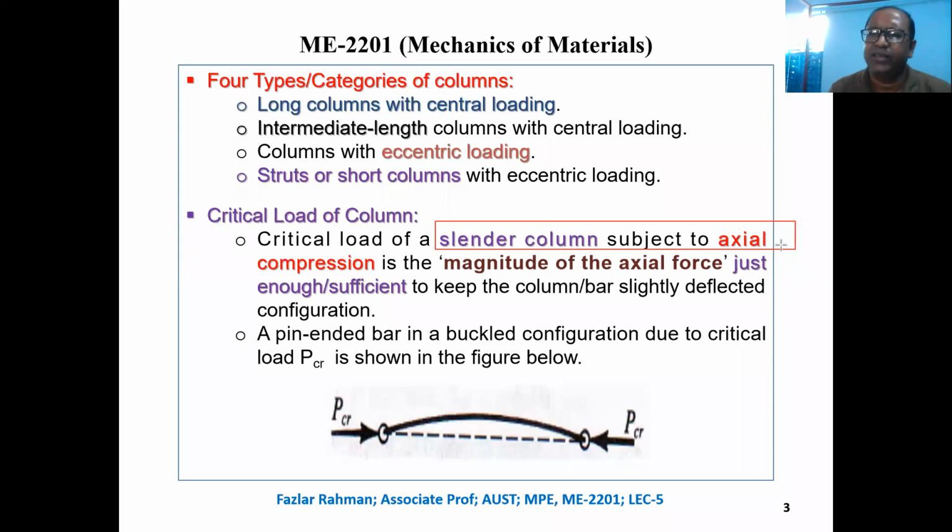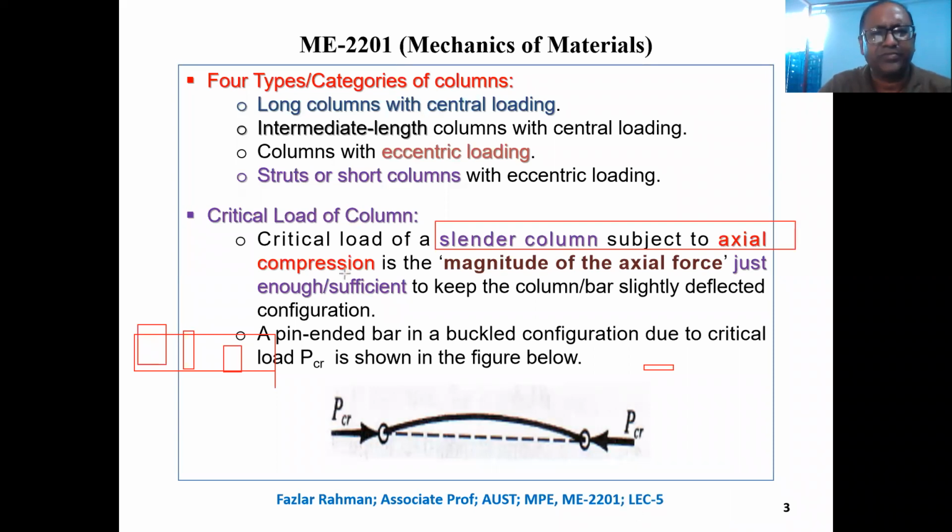Say a column has a very huge cross section, but its length is very high. Say a column has a cross section of this type, but a high length. So this might be a slim column. Again, a column has a very slim cross section, but it is short. Then this might behave like a short column. And though this cross section is high, it works like a slim column. Okay, so whether a column is short, long, or slim depends on geometry, that is, the cross section of the column and also the length of the column.